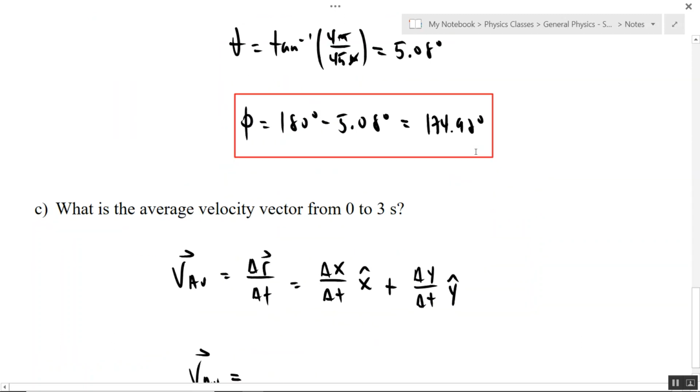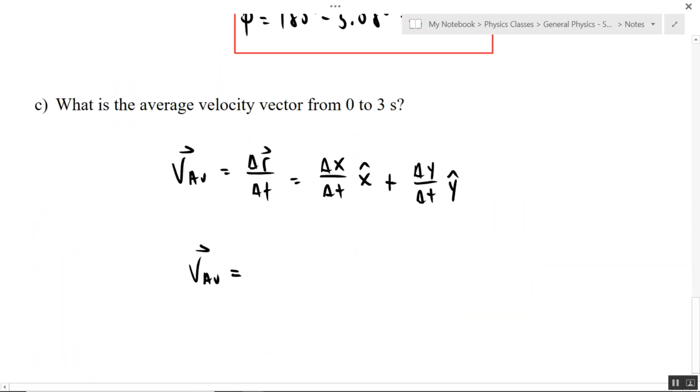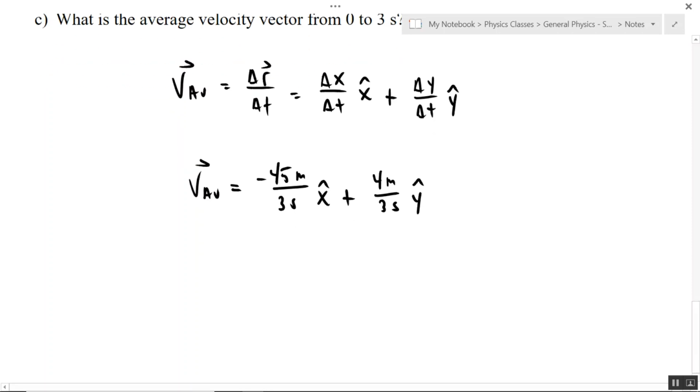That's it. So this is minus 45 meters divided by 3 seconds, plus 4 meters divided by 3 seconds. So what do you get? You get negative 15 plus 4/3.